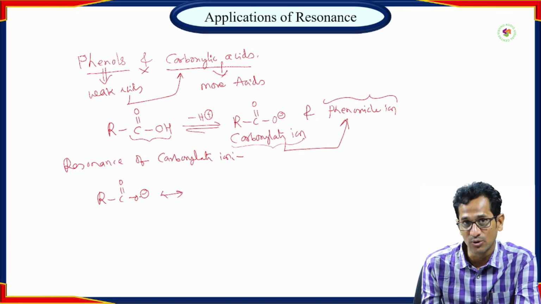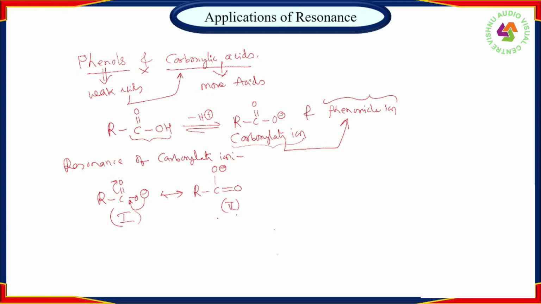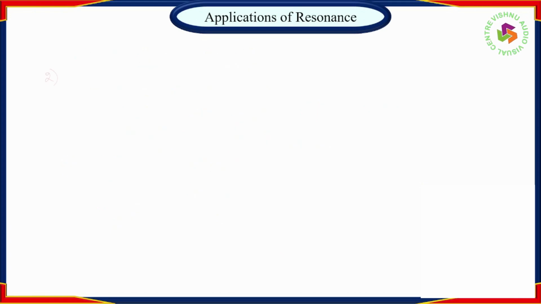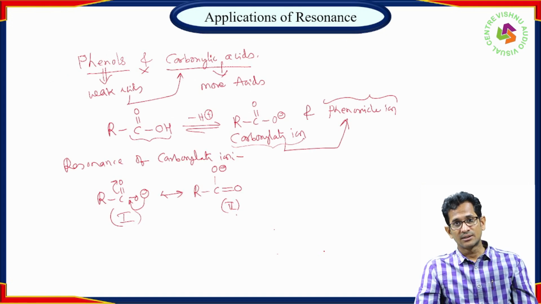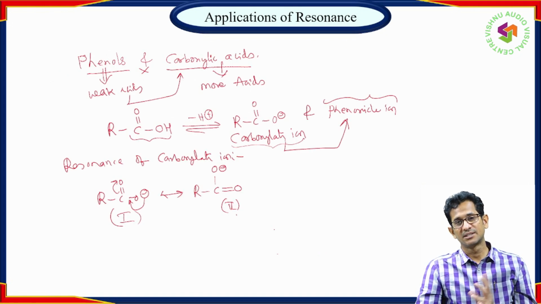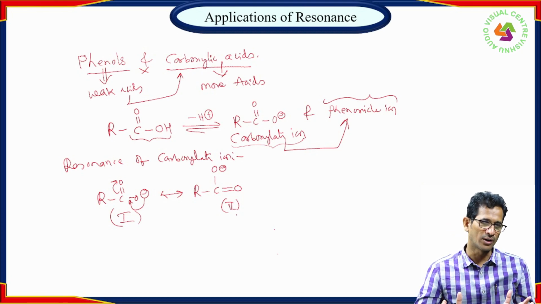Here this negative charge on oxygen is in conjugation, giving structure 1 and structure 2. Now we have to discuss what happens compared to the previous case. For the phenoxide we got 5 resonating structures, but for the carboxylate we got only 2 resonating structures. Earlier we discussed that if a larger number of resonating structures exist, then it is more acidic in nature.